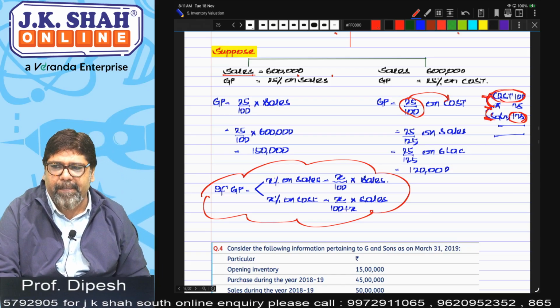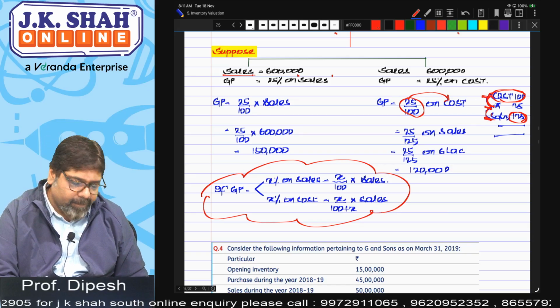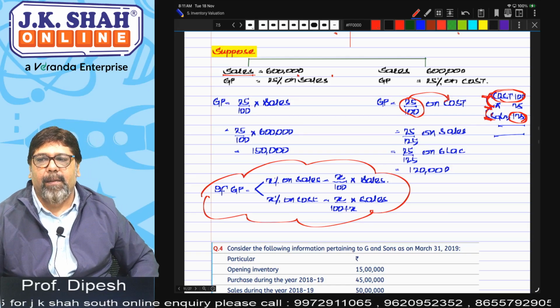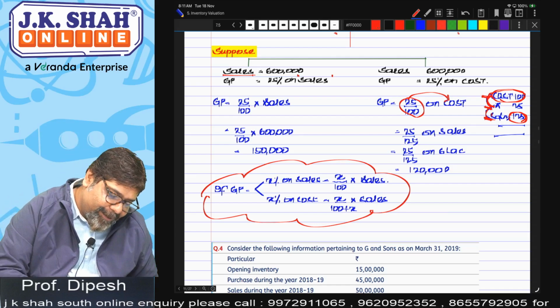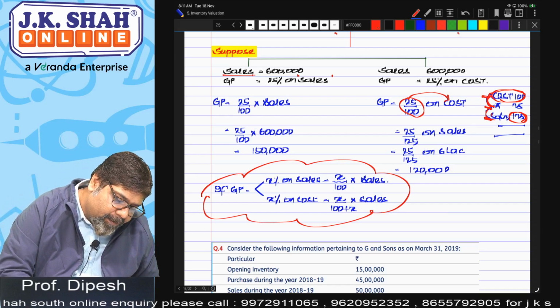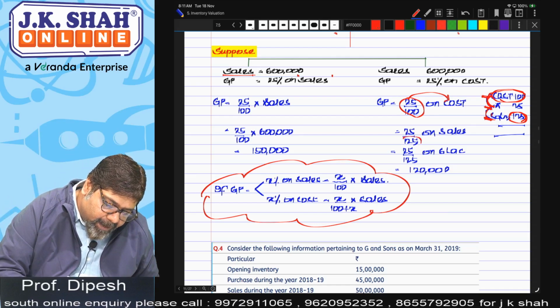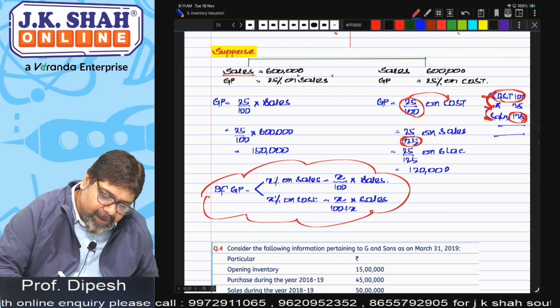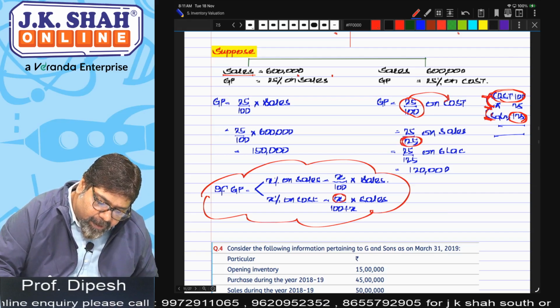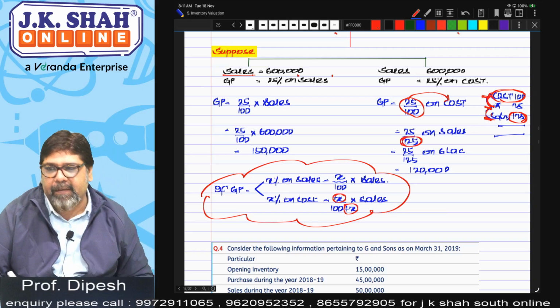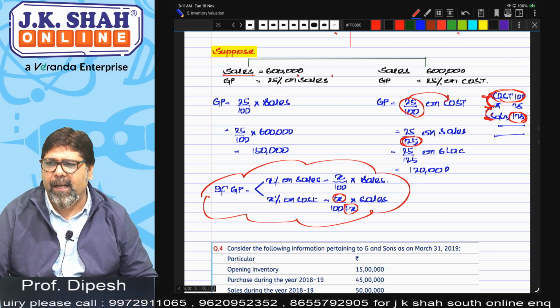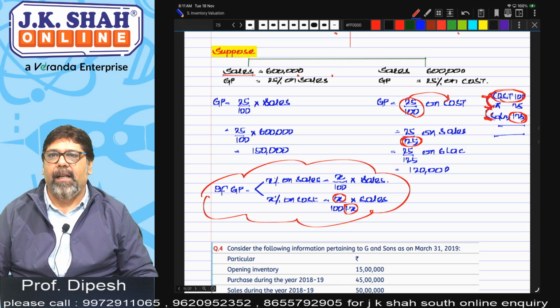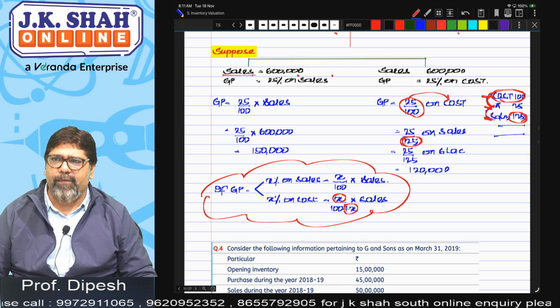Correct? Say yes or no, please. So if it was 25% on cost, in the denominator you added 25, no? If it is X% on cost, in the denominator I added X. Sure, shall I move ahead?